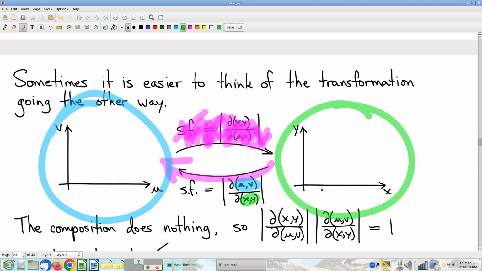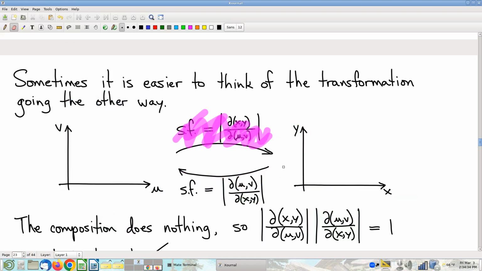So the stretching factor for the function going the opposite direction is like I kind of did a switcheroo on the numerator and the denominator. So it seems. Let me remind you, of course, this is not a fraction. There is no numerator, there is no denominator, that's notation only. Nevertheless, though, this is the formula for the stretching factor going the other way.